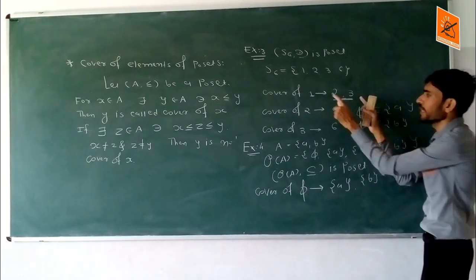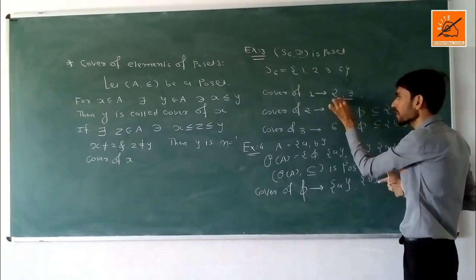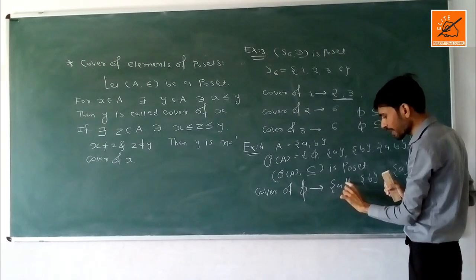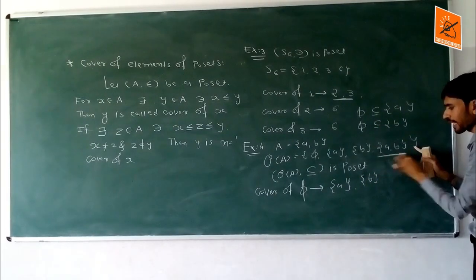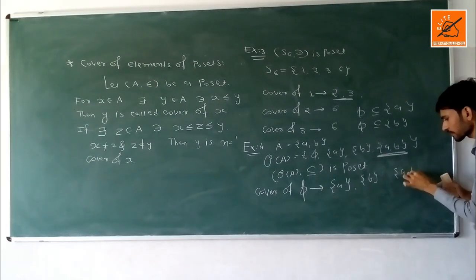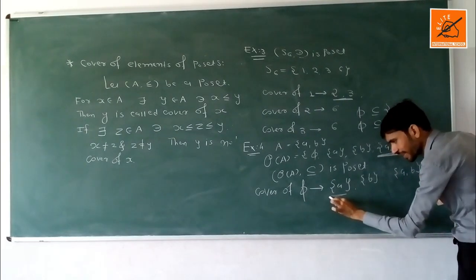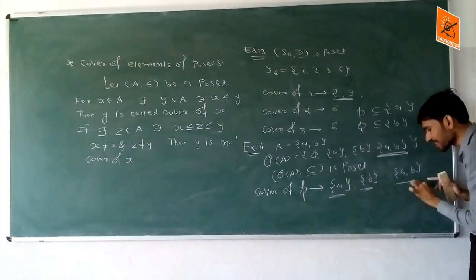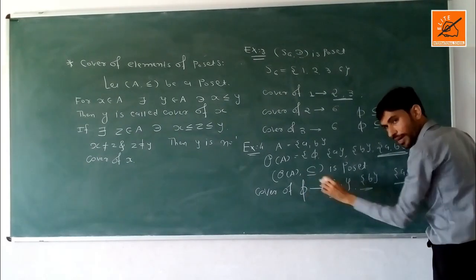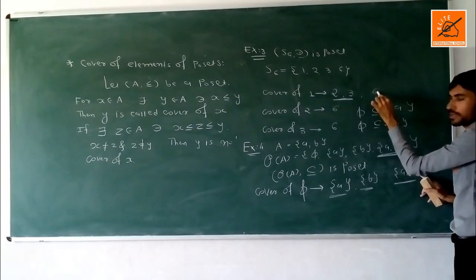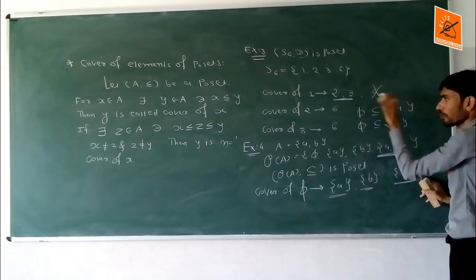Same in our earlier case: here 1 is related with 2 and 3, meaning 1 divides 2 and 1 divides 3, but 2 and 3 are not related with each other. Same case right here. Now see here, {a, b}. ∅ is a subset of {a, b}, but observe, singleton {a} and singleton {b} both are subsets of {a, b}. So {a, b} is not a cover of ∅. Here we consider 6. 2 and 3 both are related with 6, so 6 is not a cover of 1.